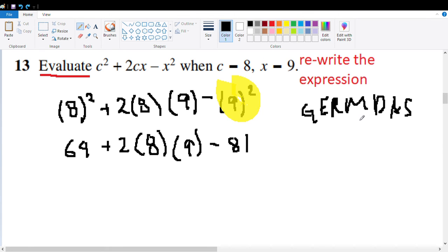Now that we're done with exponents, we do some multiplication. 2 times 8 is 16. 16 times 9 is 144, minus 81.